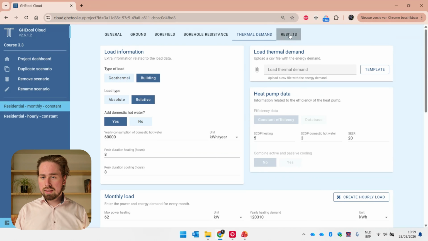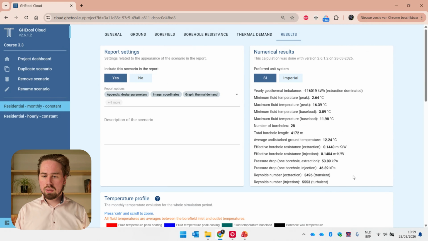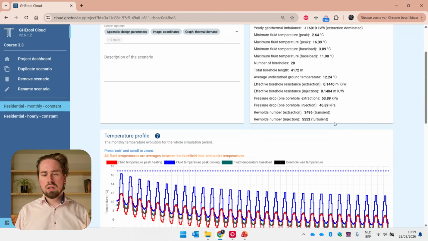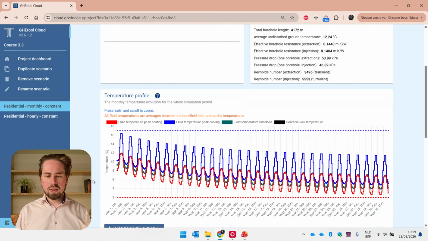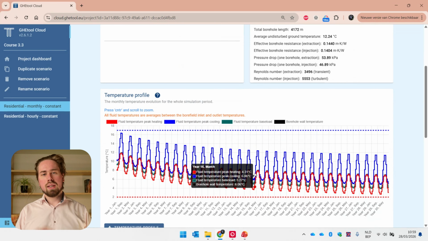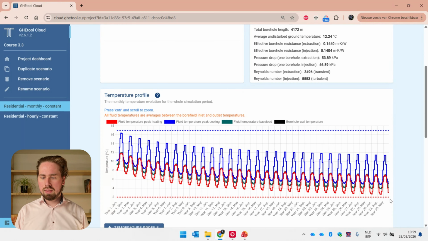So if we simulate this, we have our numerical results, and you can see we're transient and turbulent in both extraction and injection, with our just short of 7 liters per second, good effective borehole resistance, and we have a very significant imbalance, but we stay beautifully within the limits.